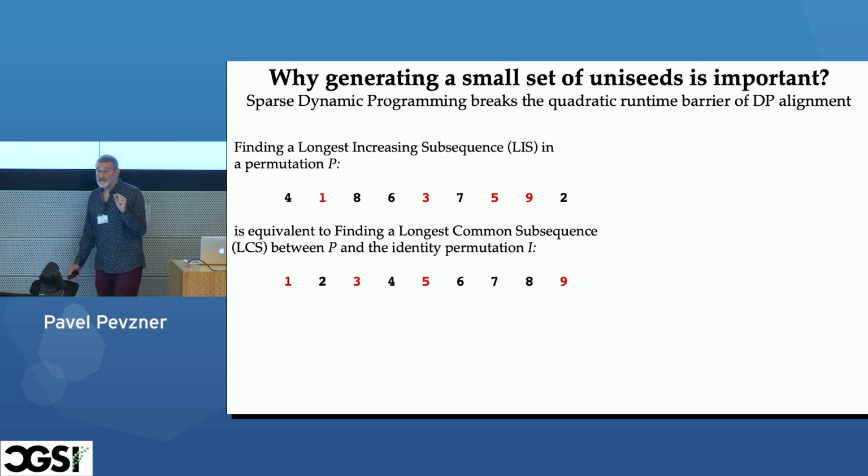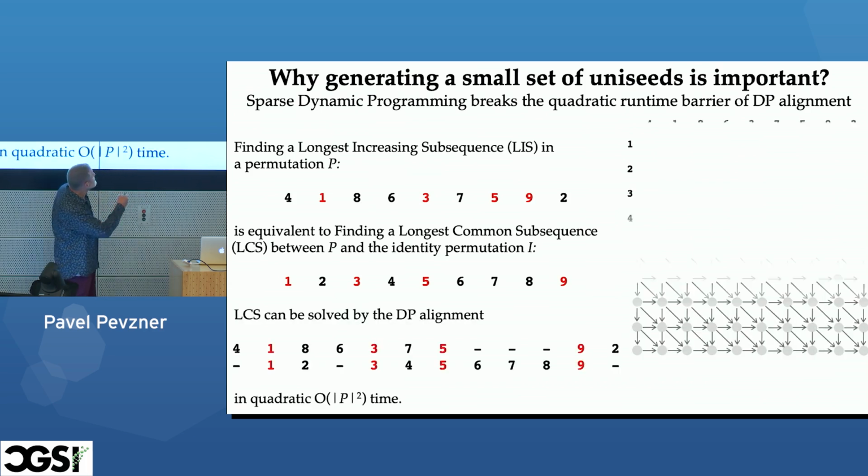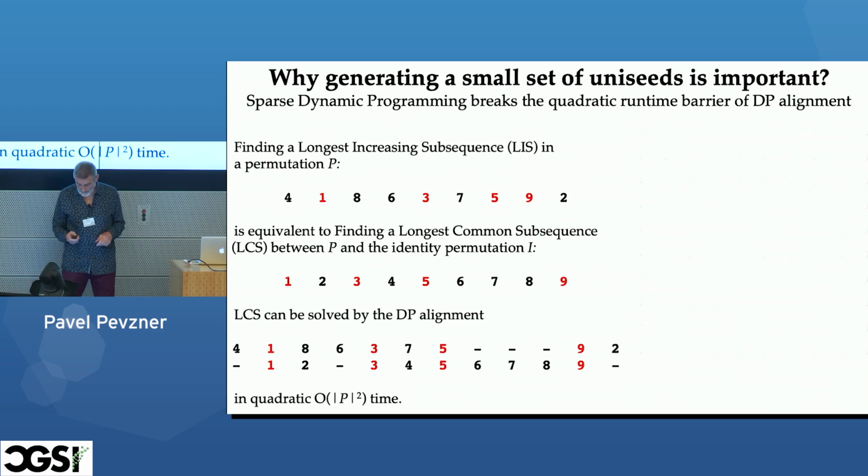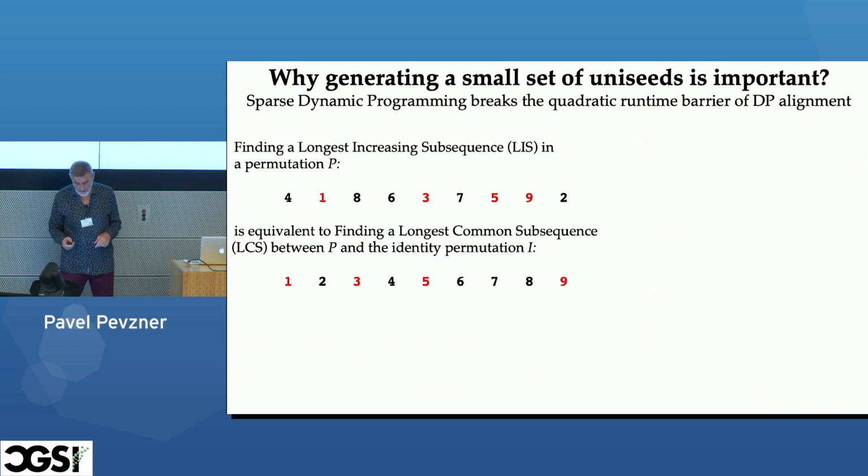So if we look at finding the longest increasing subsequence in a permutation, then in this permutation, the longest increasing subsequence will be 1, 3, 5, 9, shown in red.